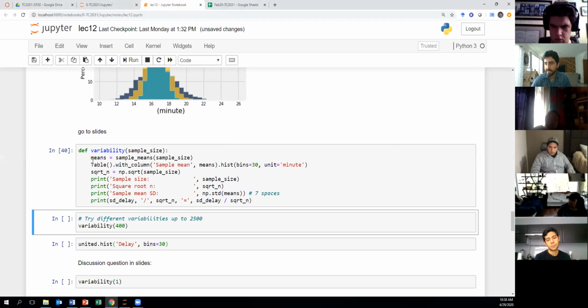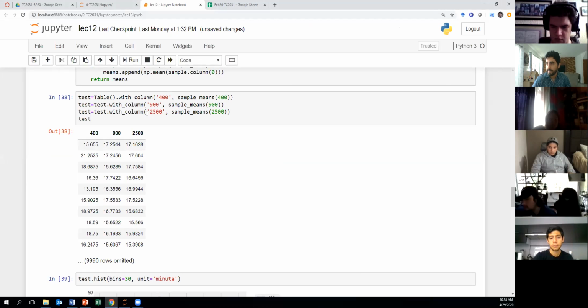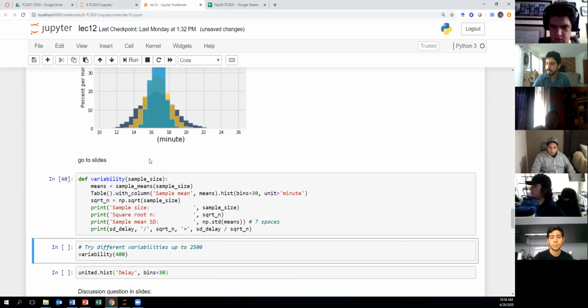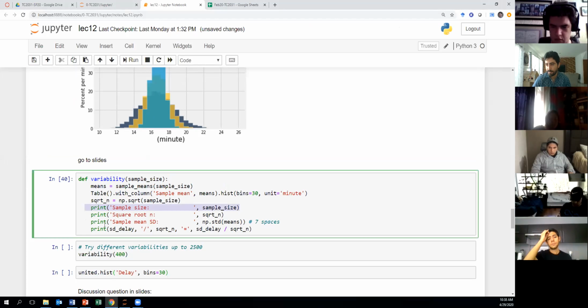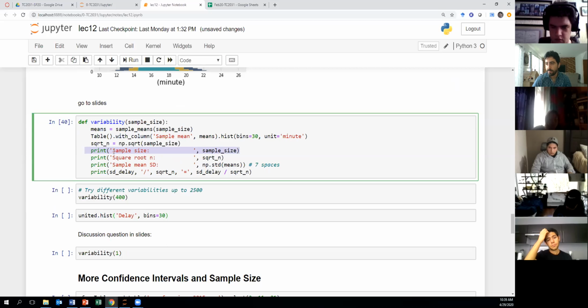Okay, I define this function, variability. I want to call this function with different sample sizes. It's exactly the same thing that I'm doing here, but I put it in a function with different sample sizes. I want to print a lot of information so we can see what's happening. I'm going to print the sample size, the square root of n, and the sample mean standard deviation.